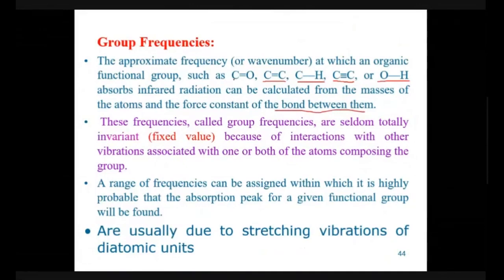So we can know the mass of carbon, we can know the mass of oxygen. From experiment, we can find out the force constant of the bond between oxygen and carbon. And we can actually calculate the infrared radiation frequency using the formulas that we have discussed in the theory.